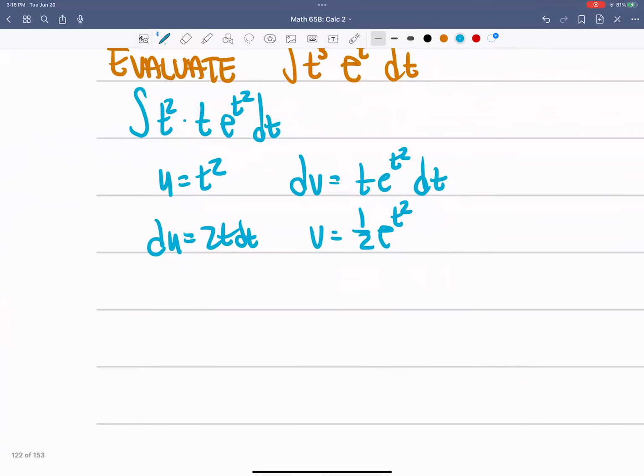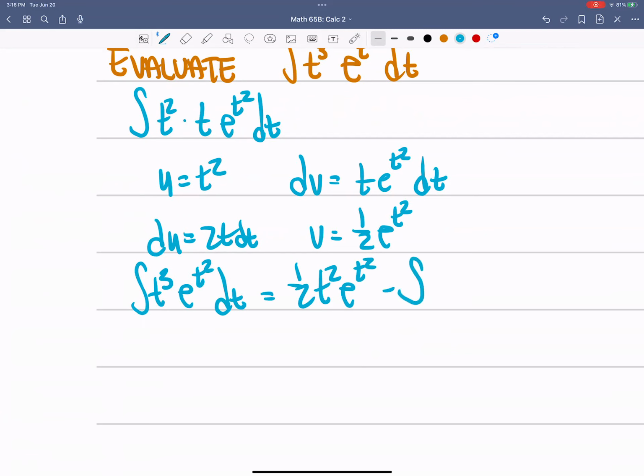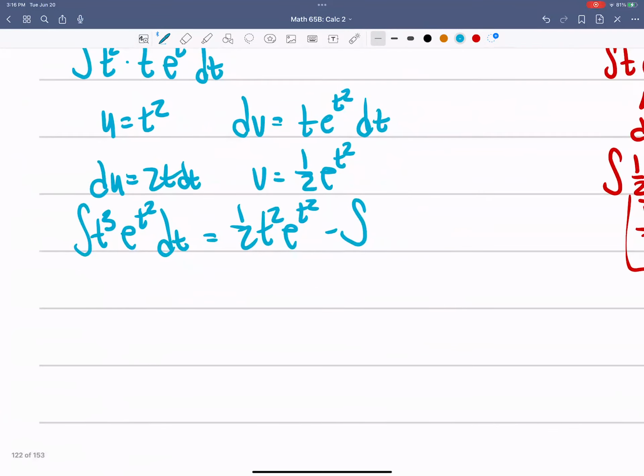So now evaluating this, we end up with the integral of t cubed e to the t squared dt is equal to u times v, 1 over 2 t squared e to the t squared, minus the integral of v du. The 2's end up dividing out.